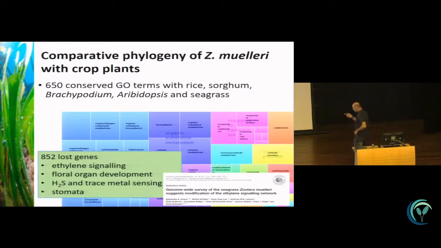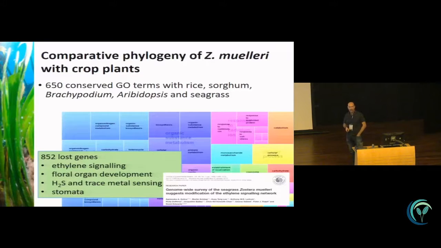And so with Zostera muelleri, we started down the path of understanding that we'd lost one of our hormones. We'd lost ethylene. Now, looking back through the marina genome, it also corresponded that they'd lost it. Floral organ development, H2S and metal sensing. Now, this is interesting.